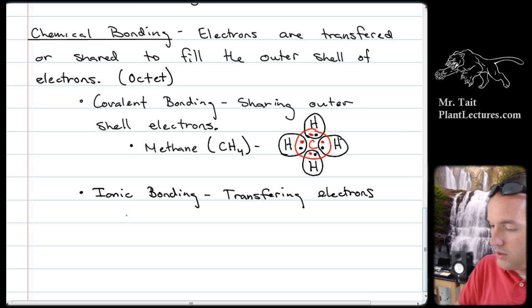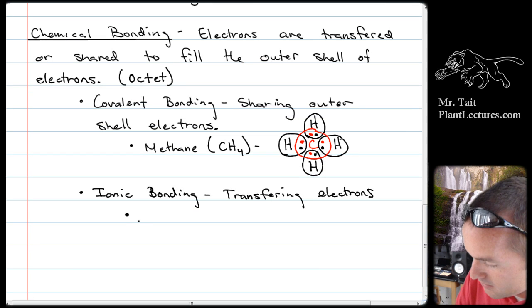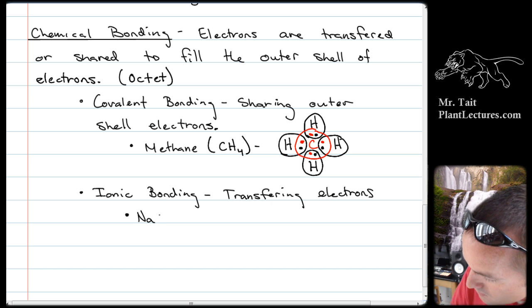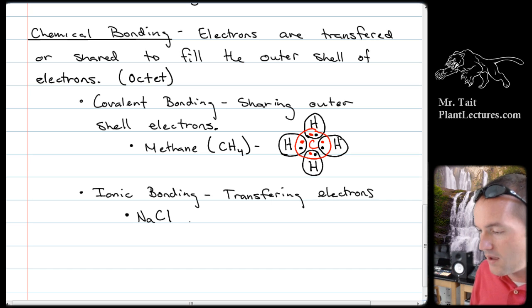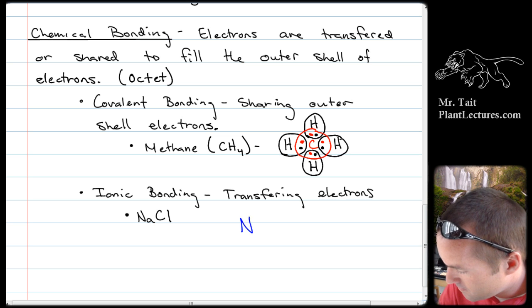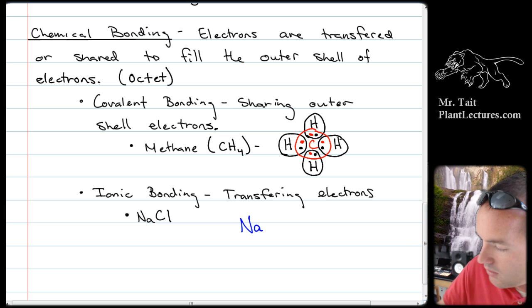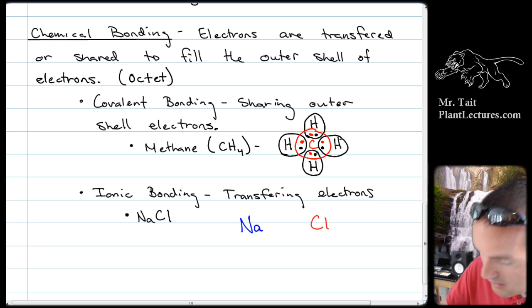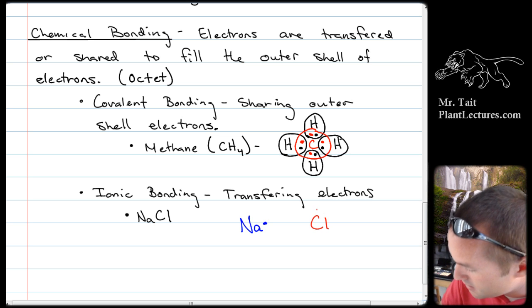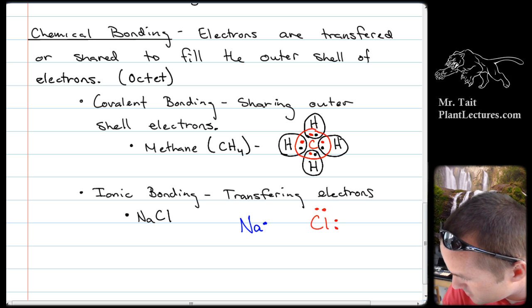Okay, so let's look at sodium chloride. Sodium chloride has a sodium and a chlorine. And the sodium has 1 valence electron, and the chlorine has 7 valence electrons.